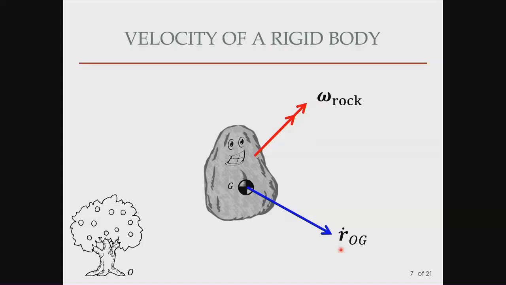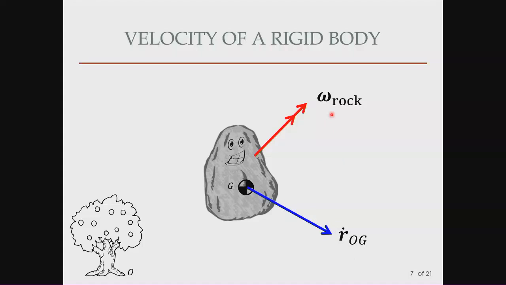ROG is some position vector, but there is no meaning for anything like position angular velocity. There is no such thing. So linear velocity has a predecessor, but angular velocity doesn't. So we will be defining angular velocities from scratch.